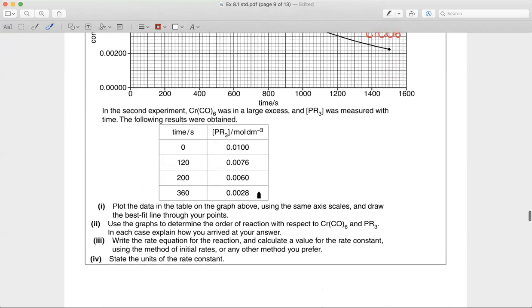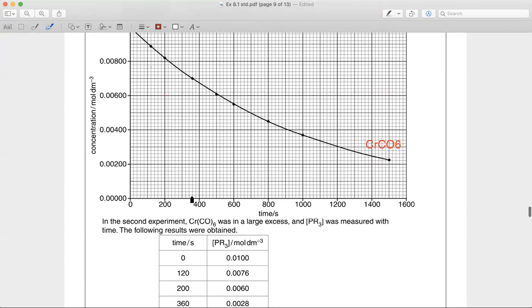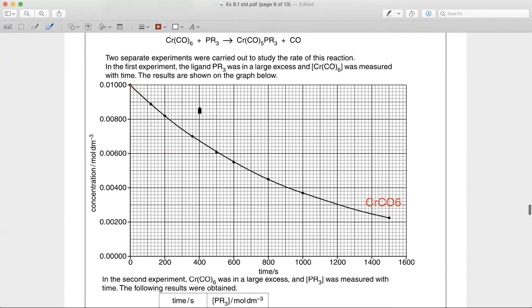At 360, it's 0.0028. 2468. Okay, so my graph looks something like, oops.